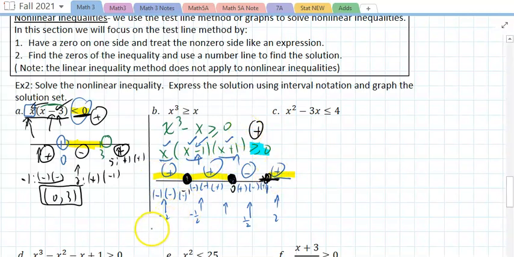So how do you write that? -infinity to -1 union with negative 1 to 0. You know what? You could include both of those. One shot. They're all included, right? So you could say negative infinity to 0 union with 1 to infinity. Again, wherever it is positive.